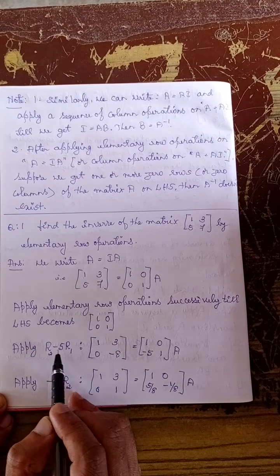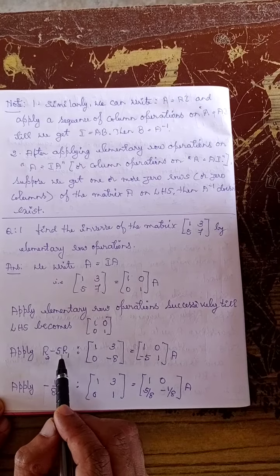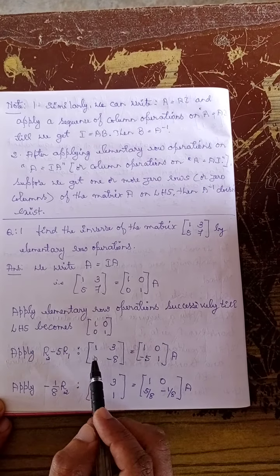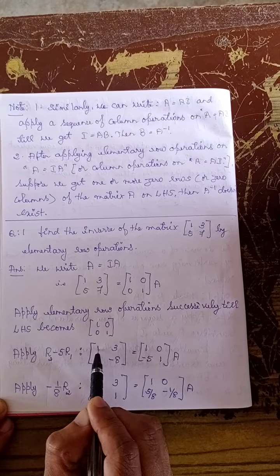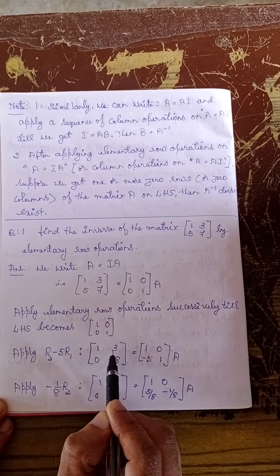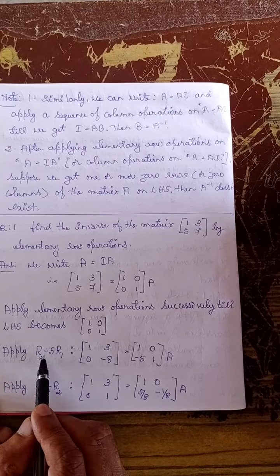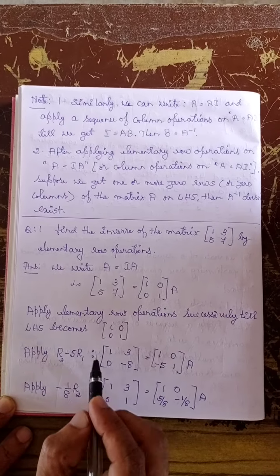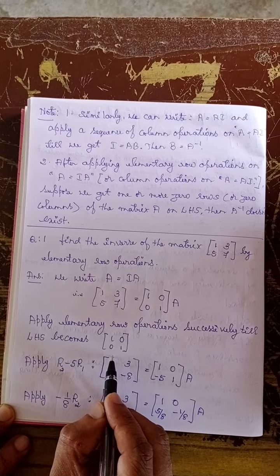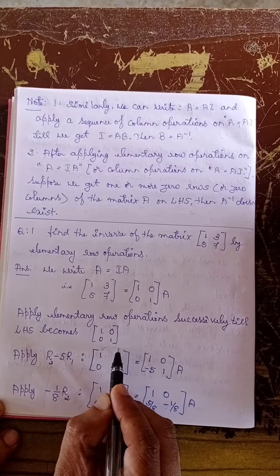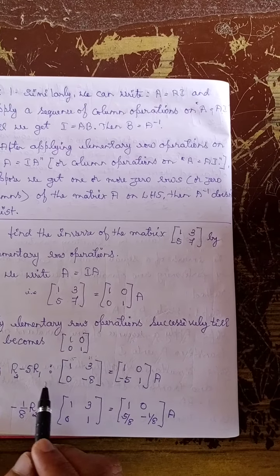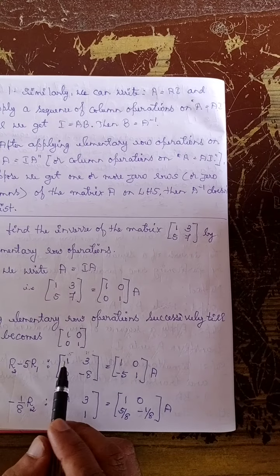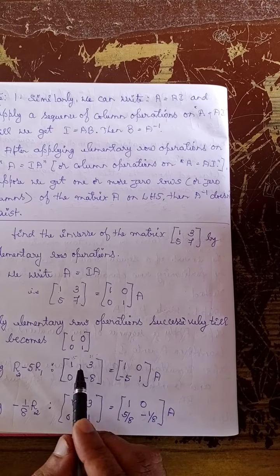Now apply R2 minus 5 R1. That is, first multiply the first row elements 1 and 3 by 5, then subtract it from the second row and write the answers in the second row. That is, 5 into 1 is 5 and 5 into 3 is 15. The first row remains the same, 1, 3.